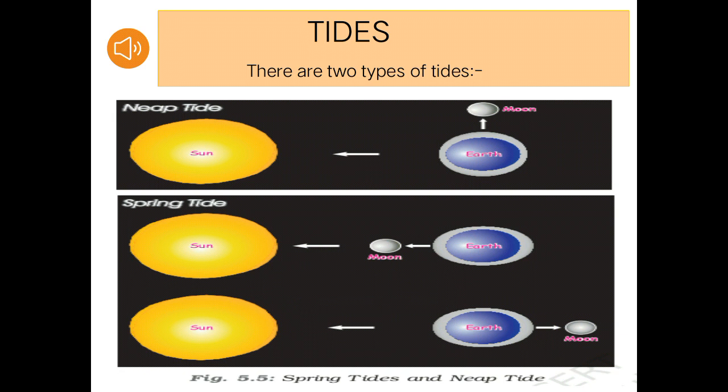Spring tides are formed during full moon and new moon situation. These tides are formed due to the strong gravitational pull exerted by sun and moon.